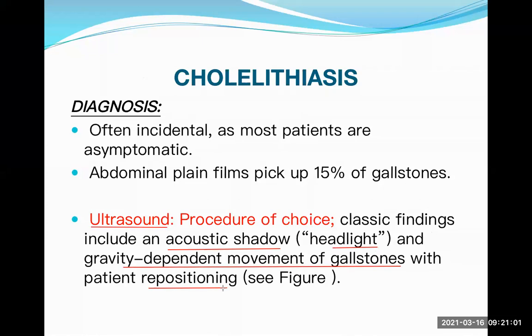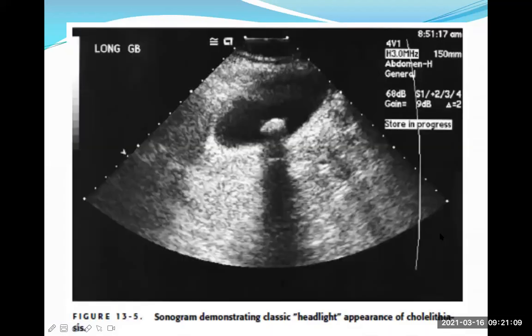So this is classically seen when doing the ultrasound or when we see those pictures. See here? Now, see this. Look at this shadow here. This is a stone and this is the shadow of that stone. This is highly typical of cholelithiasis. This is called a headlight appearance.